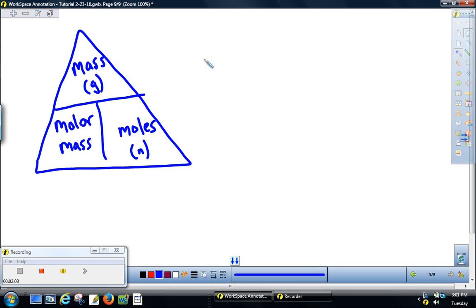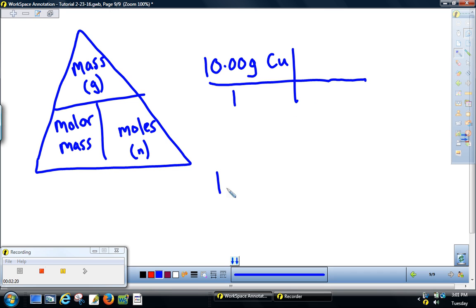Let's see how we set this up with dimensional analysis. If you have 10 grams of copper, using dimensional analysis we like to put our starting quantity over 1, to show that the 10 grams is the numerator. The conversion factor is 1 mole is equal to 63.55 grams. One part goes on top, one part goes on the bottom.